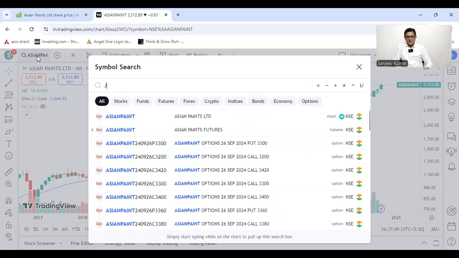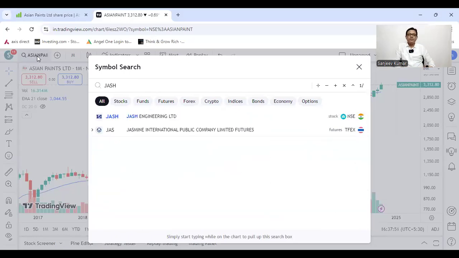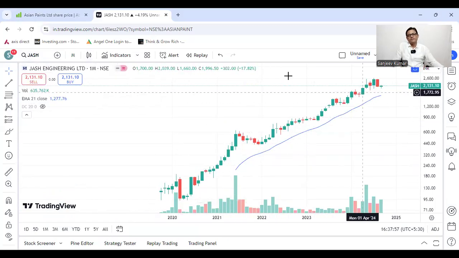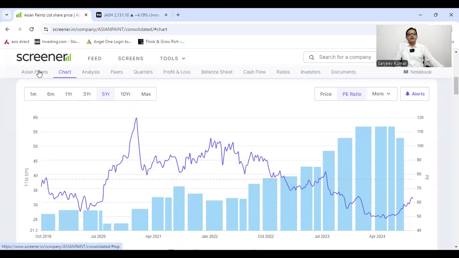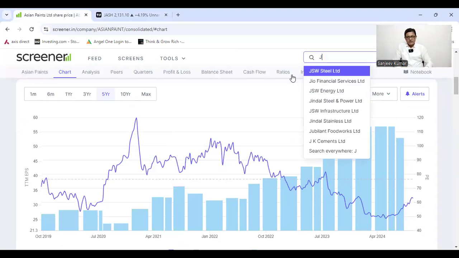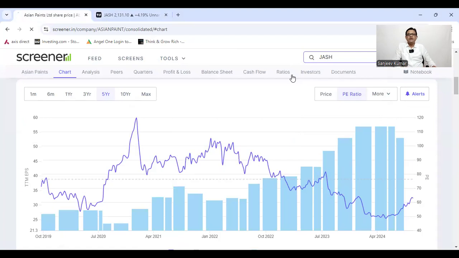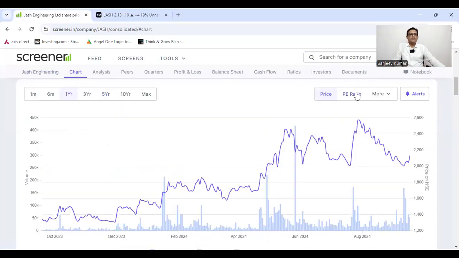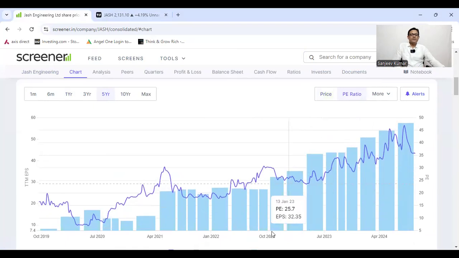In TradingView, you can understand from this. JS Engineering, okay, share price is growing. And if you search JS Engineering in screener.in, you see the chart, select PE ratio.